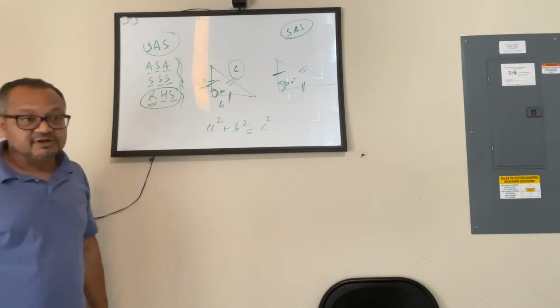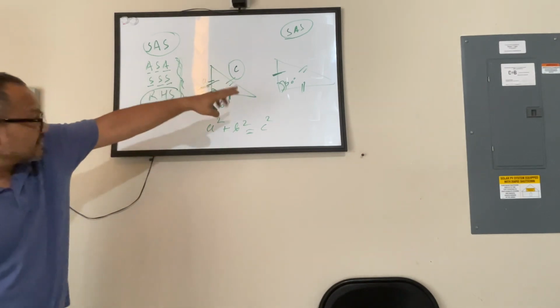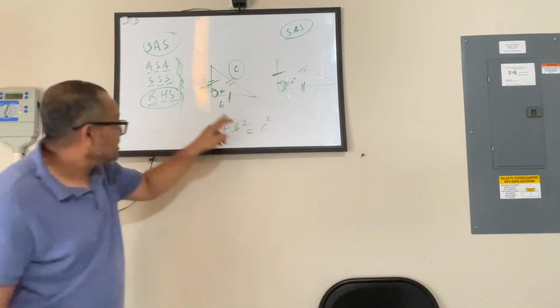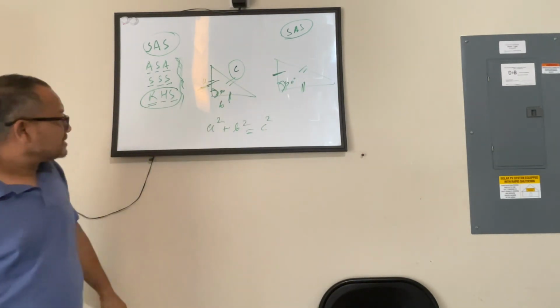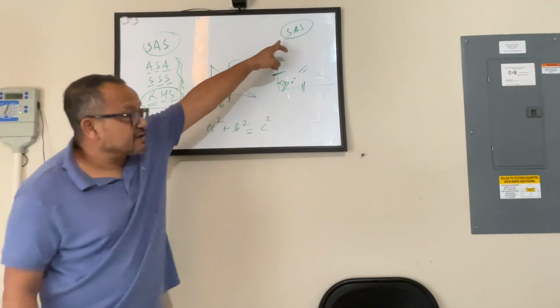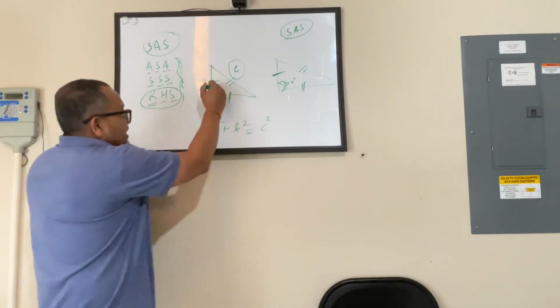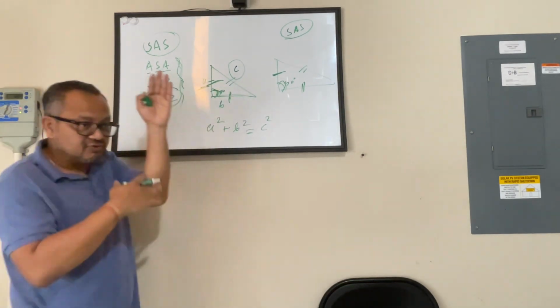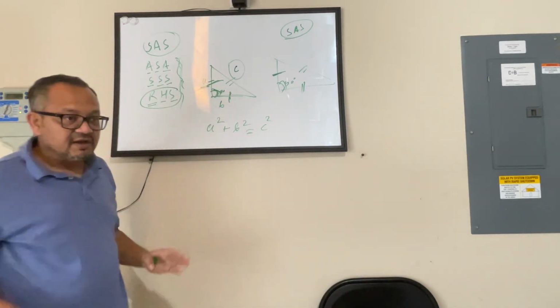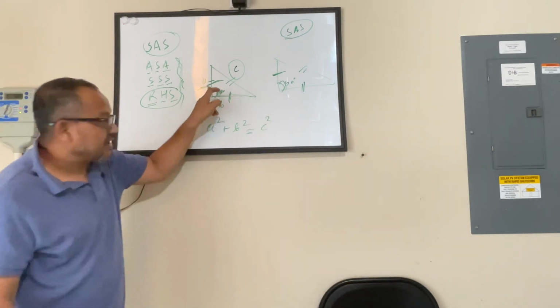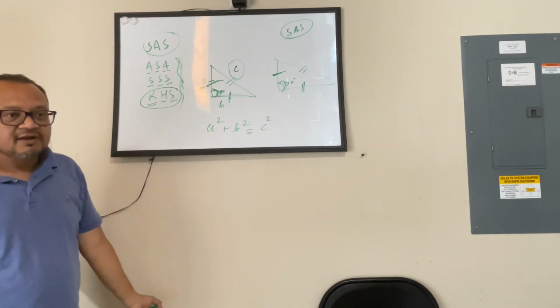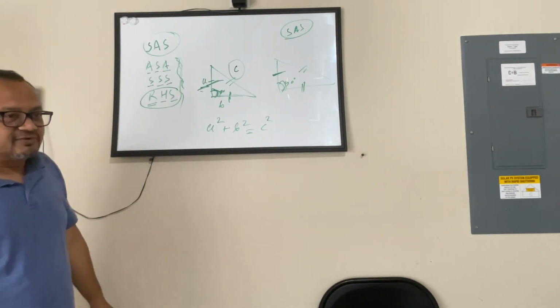I said, no, I don't trust you. Let me first look at the scenario. These two are matching. This side also matches. And as per the axiom SAS, side angle side, meaning the two sides making the angle between them, if the two sides are matching and the angle between them is matching, then there is nothing to prove.